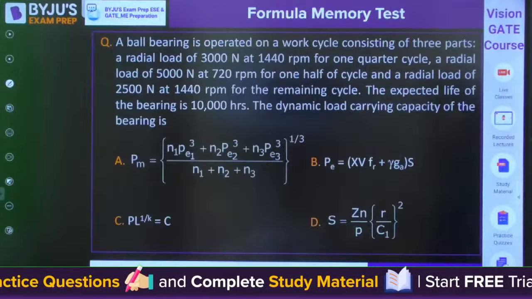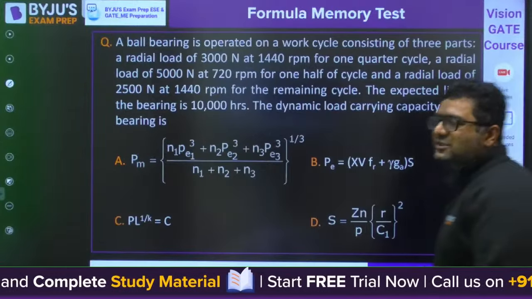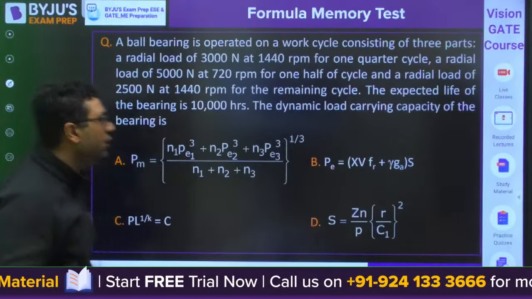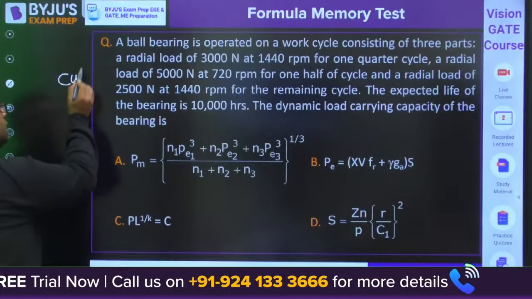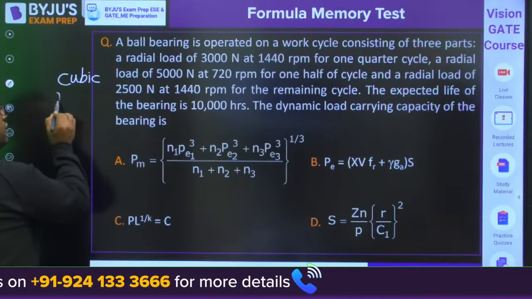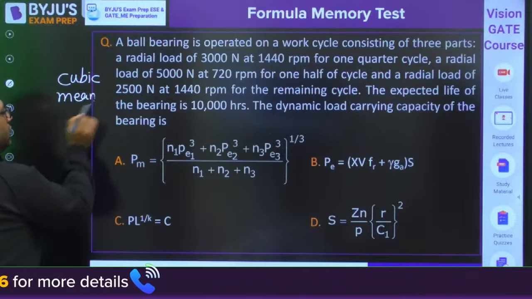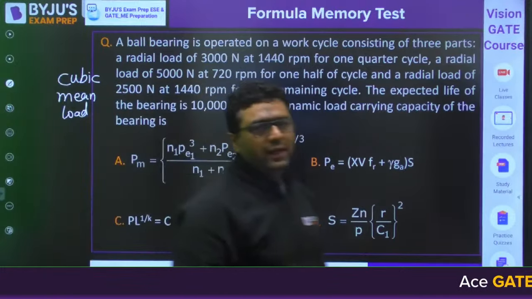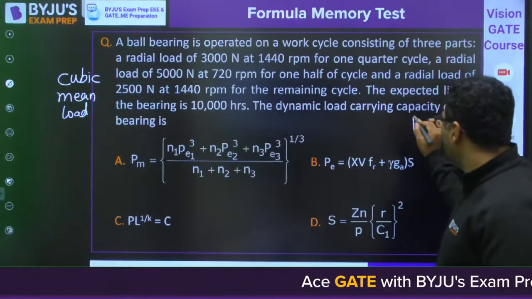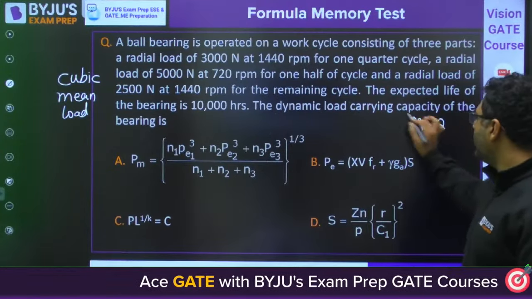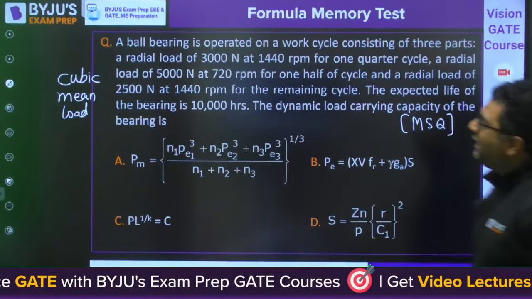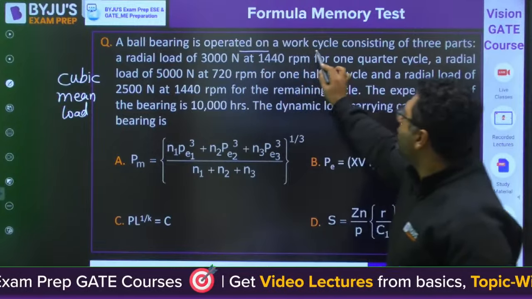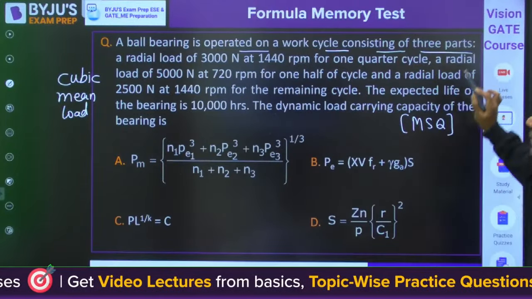So my dear, now we are moving to the next question. This is from ball bearing, the formula for cubic mean load. Here you can see the data is given, and this is an MSQ, so more than one option can be correct. A ball bearing is operated on a work cycle consisting of three parts.